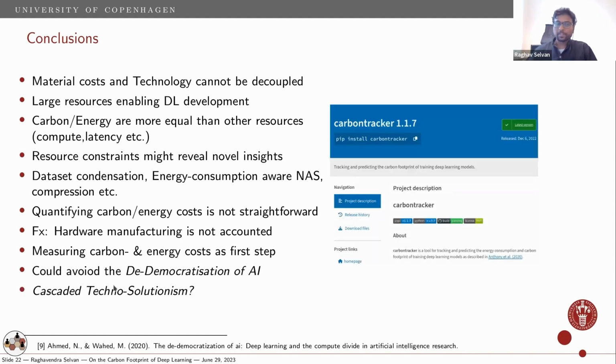There's also the aspect of de-democratization of AI. This is something that also bothers me as a researcher, because for some of the really new big AI models, at the University of Copenhagen or in other universities in Europe, we don't have the compute resources to reproduce or replicate those results.